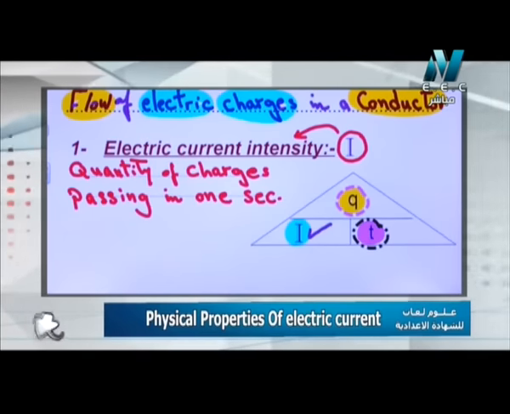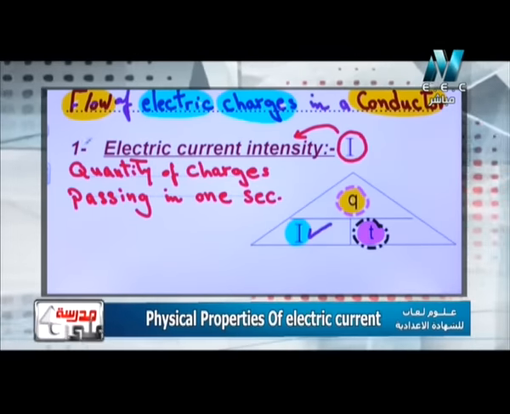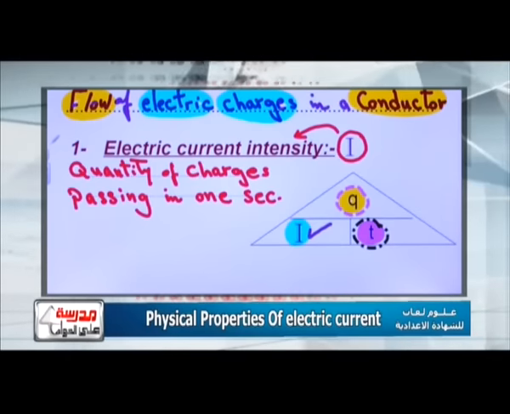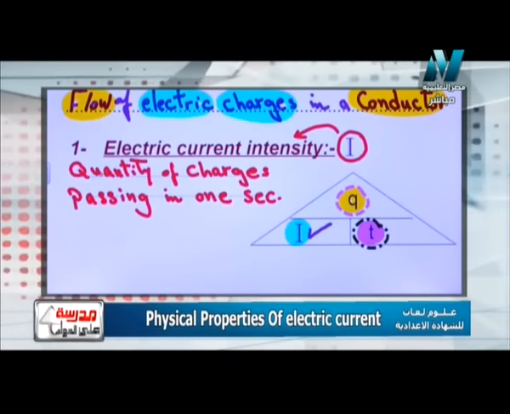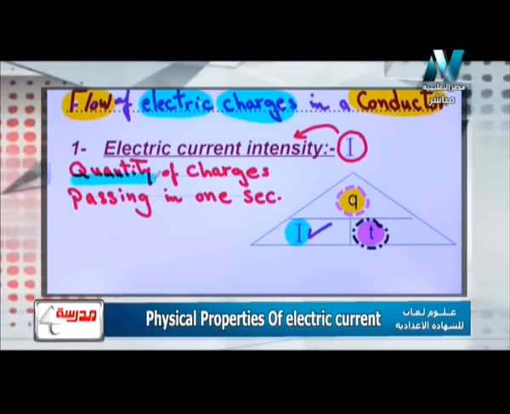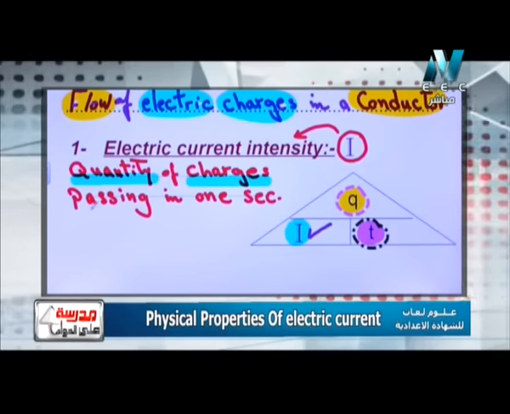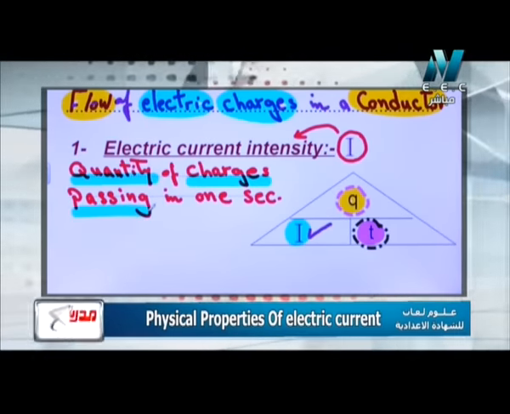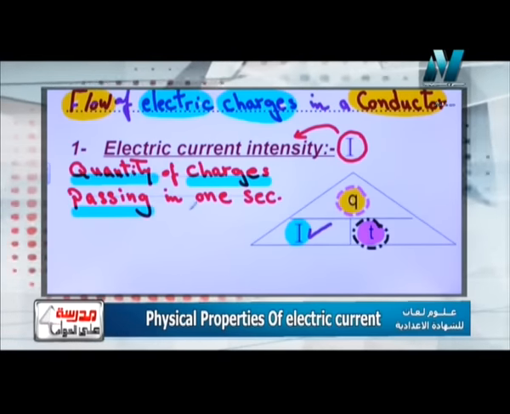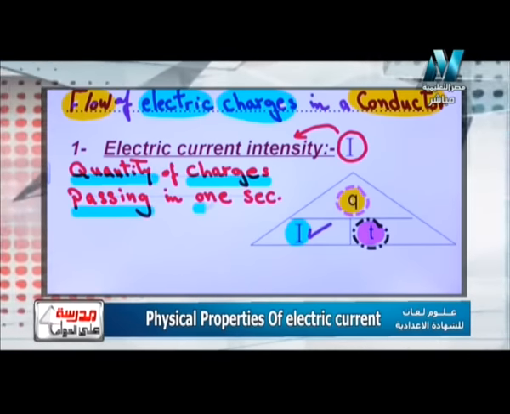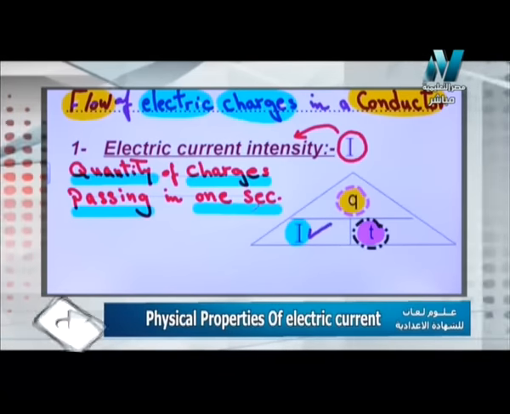Okay, so now we know what is meant by electric current intensity. It means the quantity of charge passing through a conductor in 1 second.